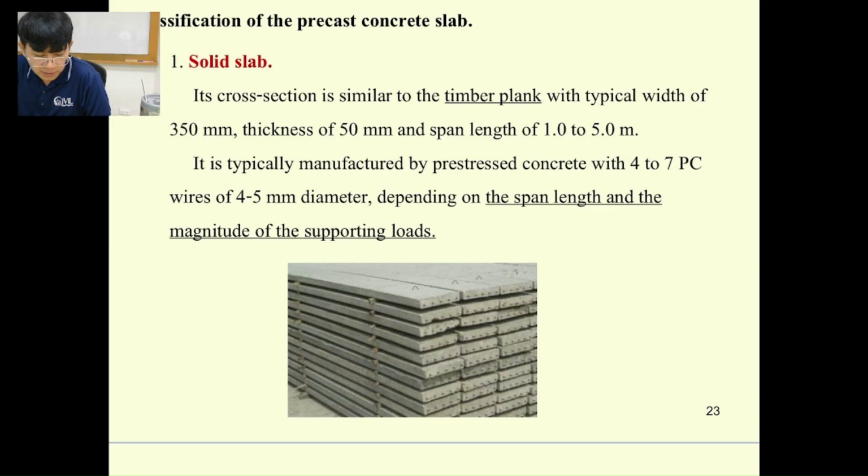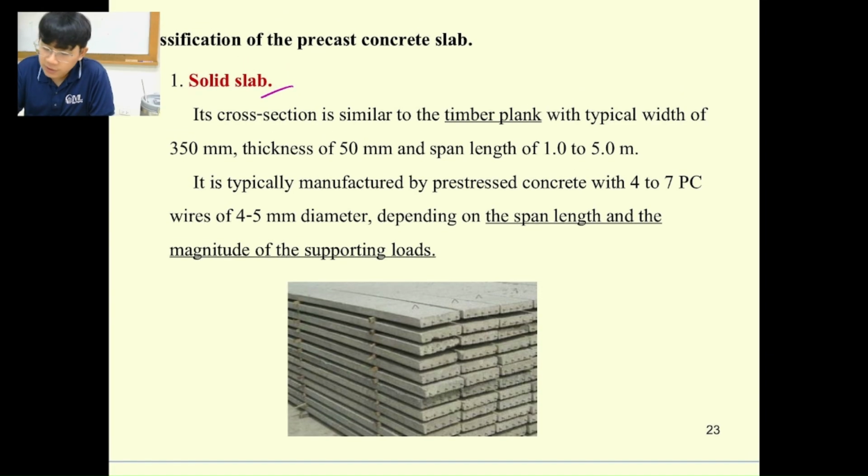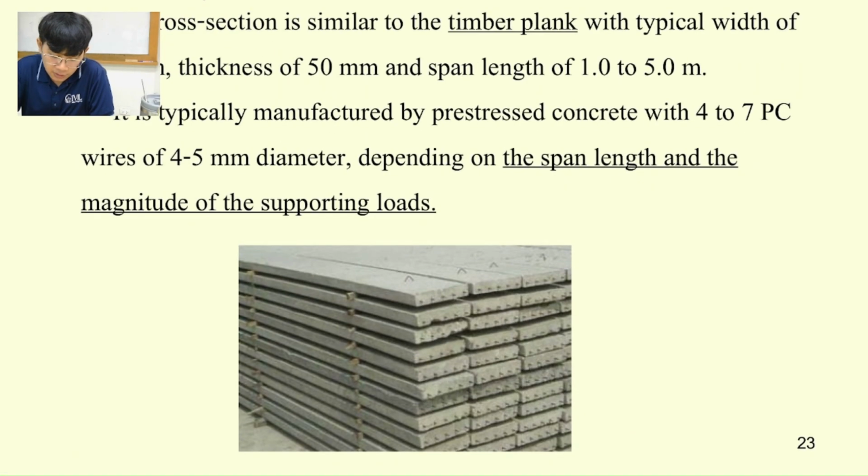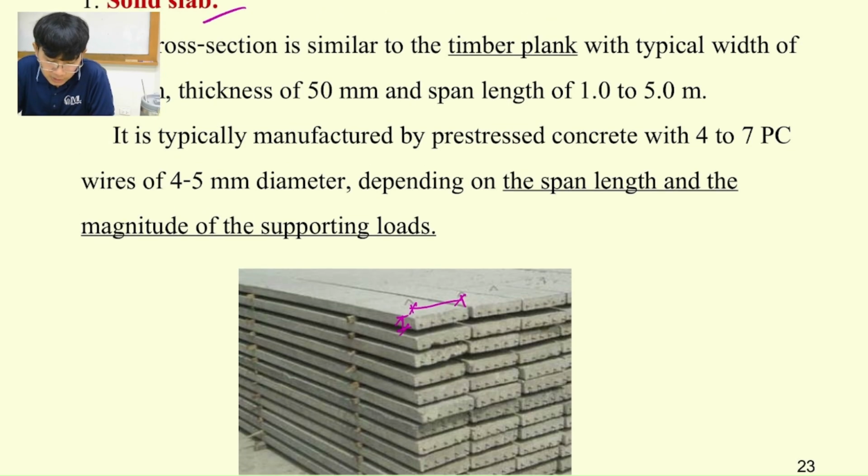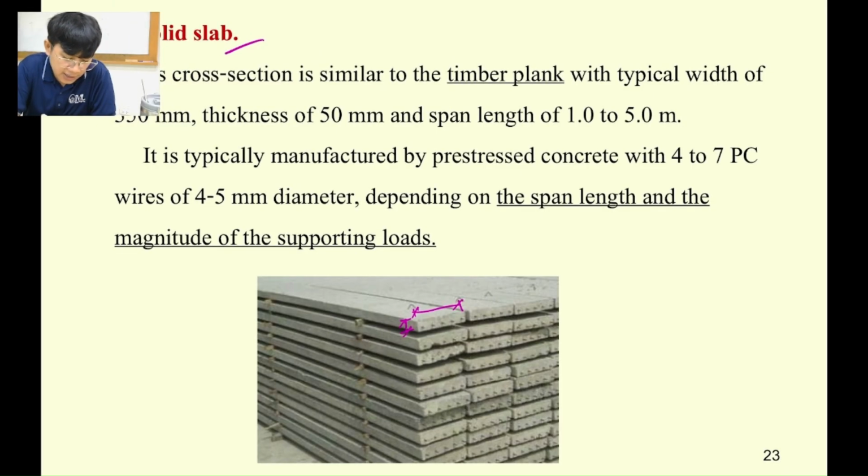For the classification of the precast concrete slab, we have the one we call the solid slab, the one that I just showed you. What you need to know is the typical size of it. In the examination I'm going to ask what is the typical size of the solid slab.